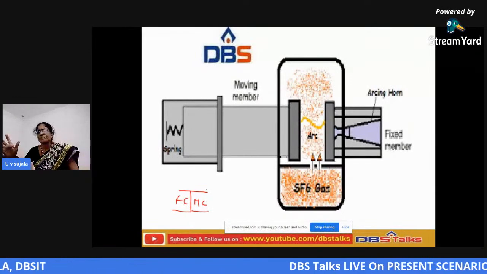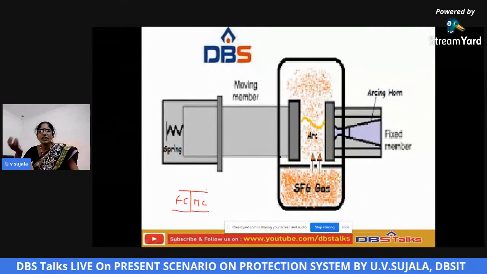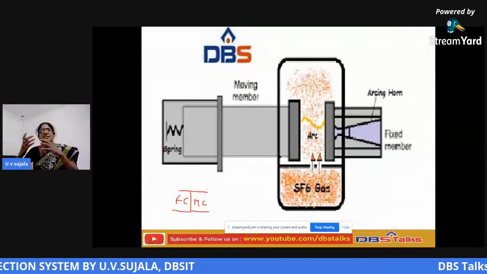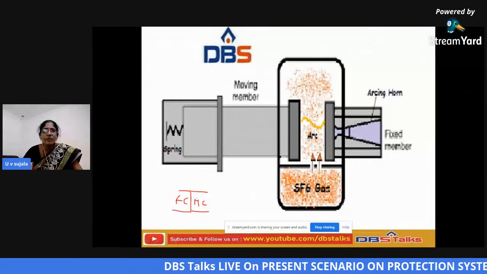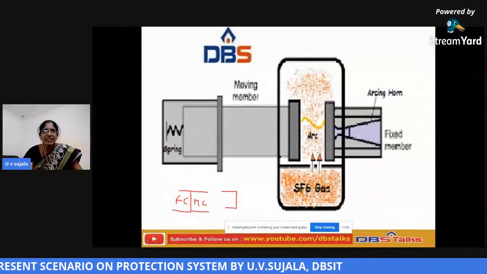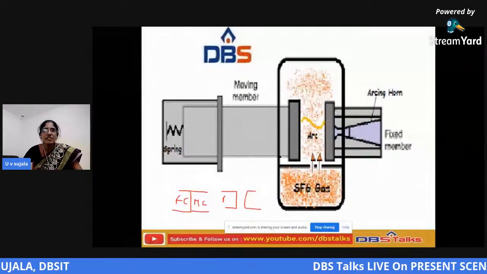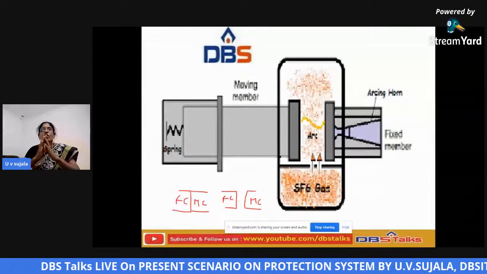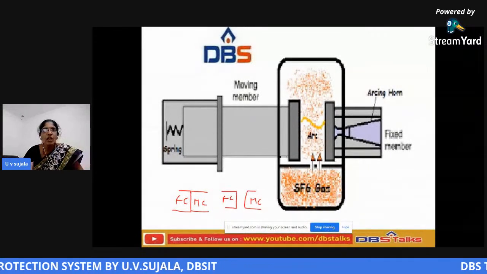Suppose the rating of any generator is 10 amps, whatever it may be. If the load exceeds that, the fixed and moving coils, first connected, will then be separated. This is the fixed coil and this is the moving coil, because the breaker will open. First the circuit breaker is in the closed form.